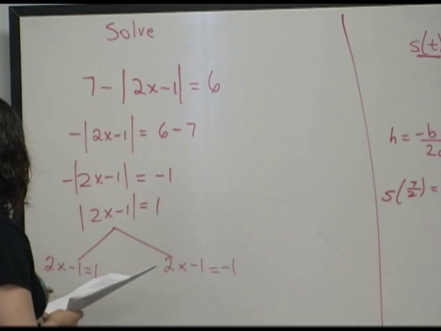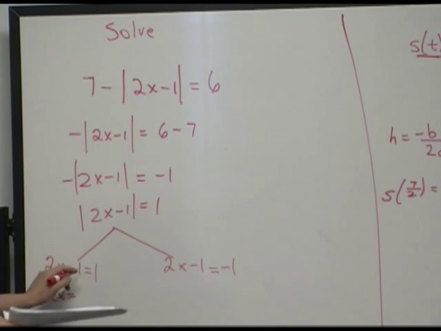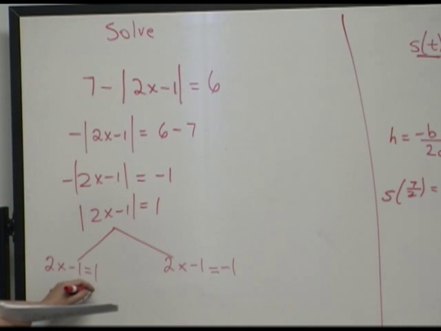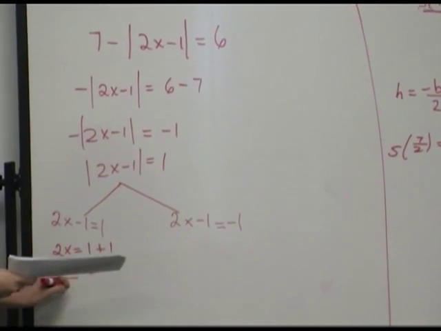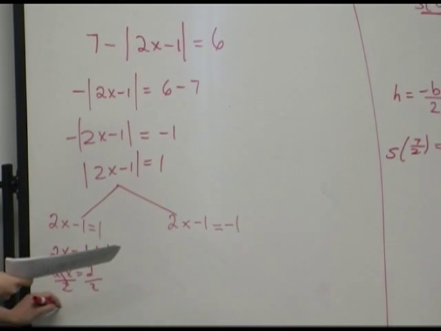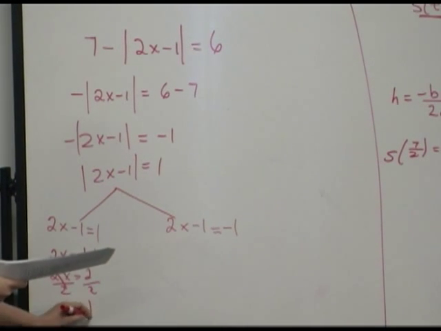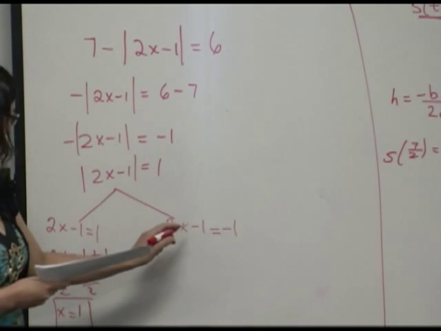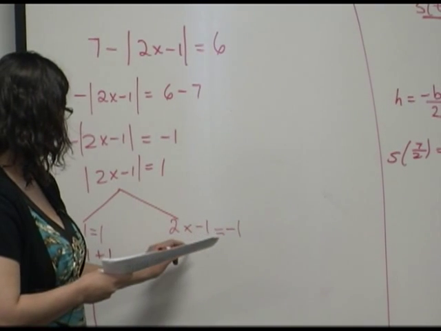So from here you have 2x equals 1 plus 1, which is 2x equals 2. And from this one you get -1 plus 1, that will be 0.